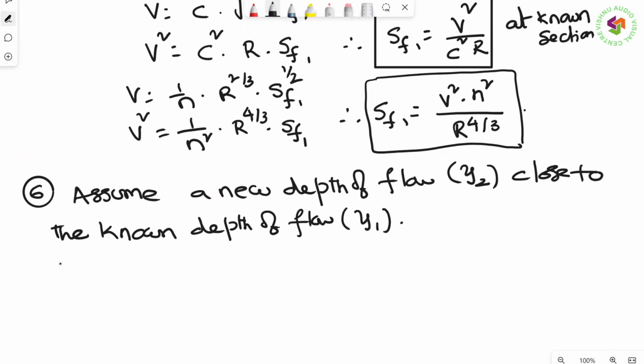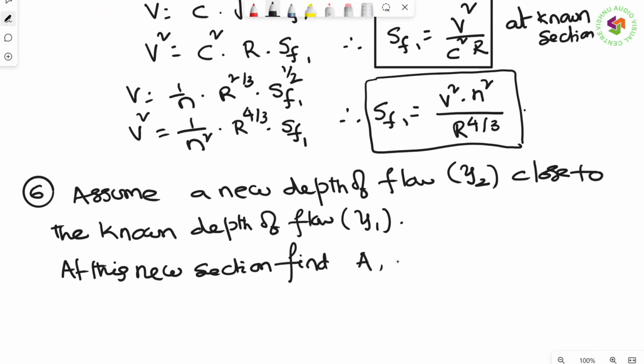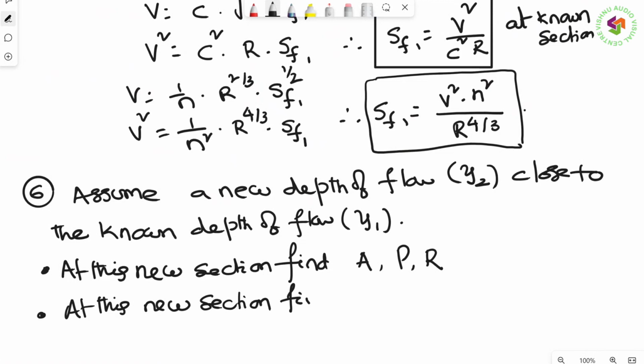At this new section, find A, P, R. At this new section, find V, V squared by 2g, E2.